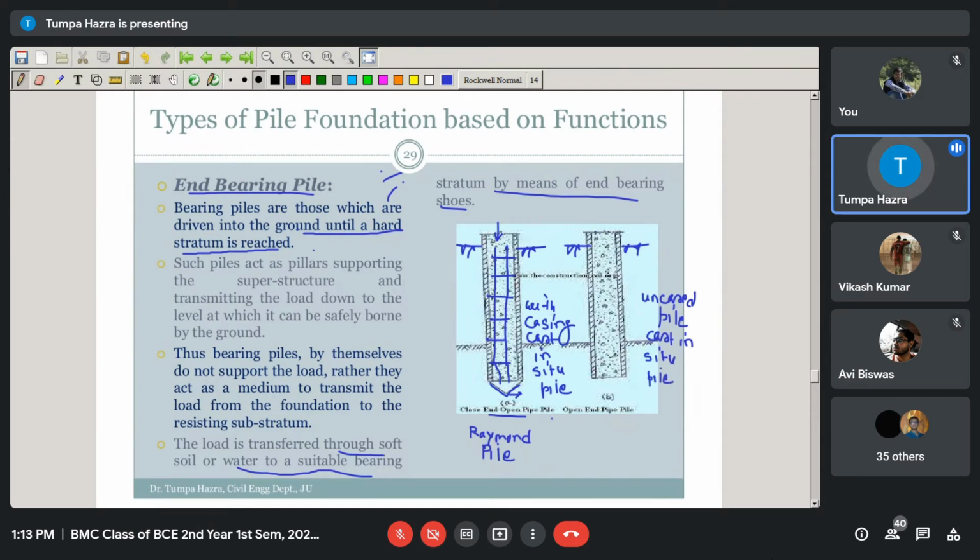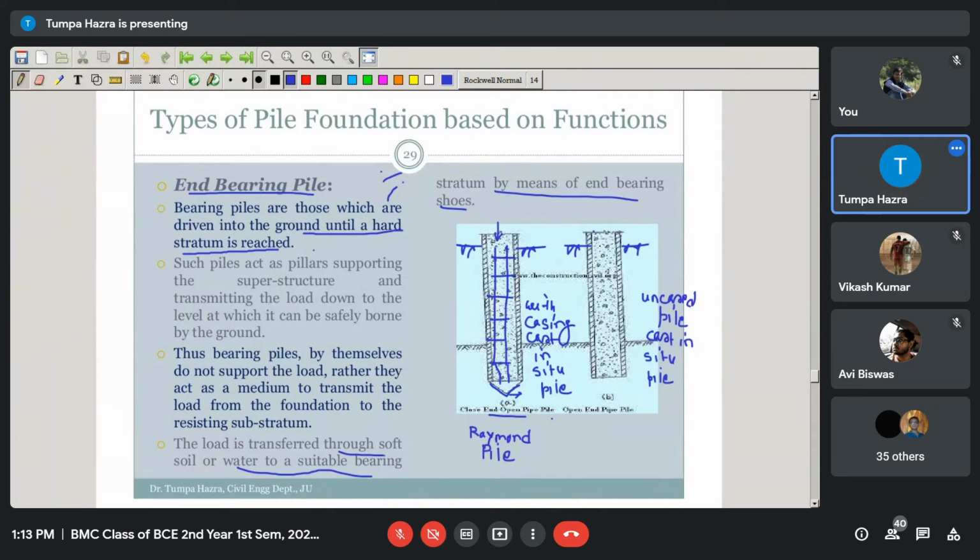That means first the casing will be driven to make the hole, with a detachable iron shoe.